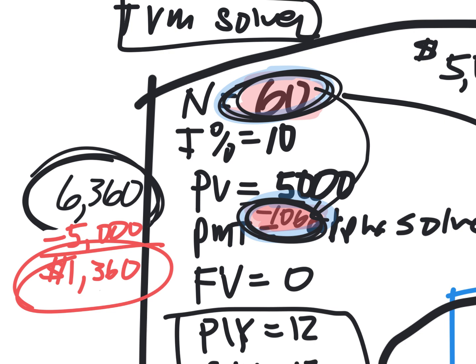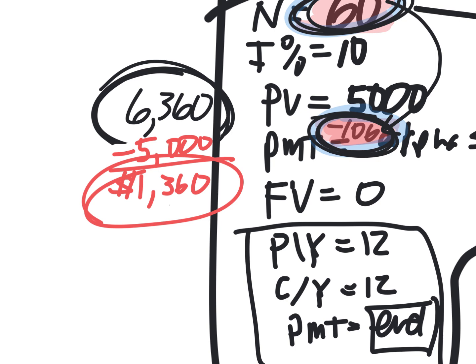Well, then the bank doesn't get all their money back. And that's why they charge interest: they want to make money and they have to make up for some people that never pay them back. Know what I mean? All right, so you can't be like, well, that's so mean to charge $1,360 to borrow the money. Well, there was a chance they weren't going to get it back, and they have to factor that in too.